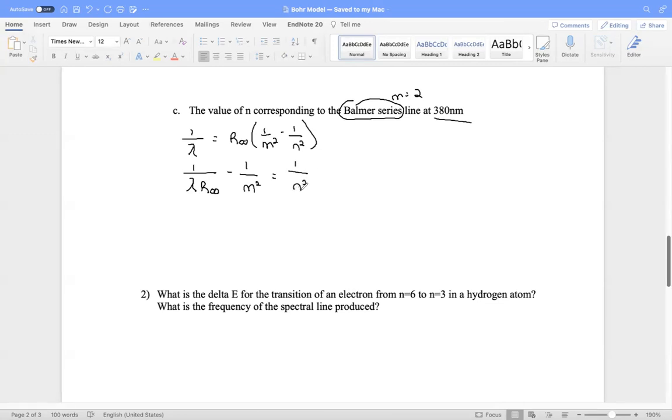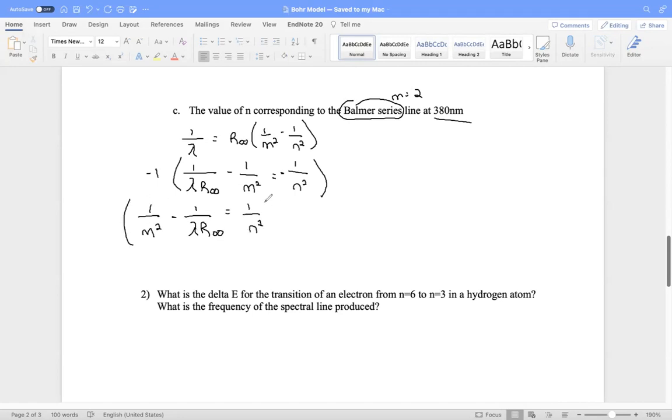And then I will multiply everything by a negative 1 to minimize our number of negatives. And so we have 1 over lambda, our Rydberg constant. And now this is going to be negative, and then our 1 over m squared is positive. So I just write it this way: 1 over m squared minus 1 over lambda times Rydberg constant equals 1 over n squared.